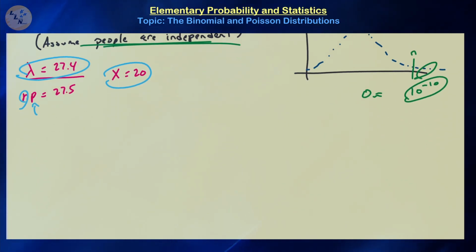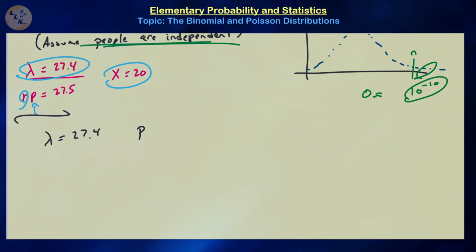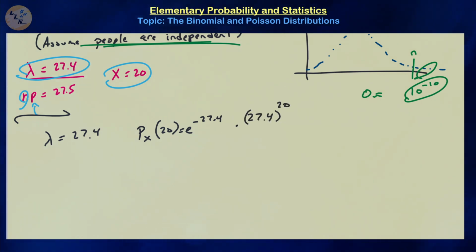So if we're assuming this is a Poisson distribution, then we have lambda is equal to 27.4, and that means the probability mass function of the Poisson random variable is going to be equal to e to the minus lambda times lambda to the power of x, all over x factorial, right?